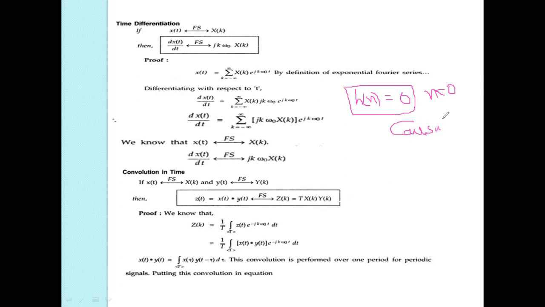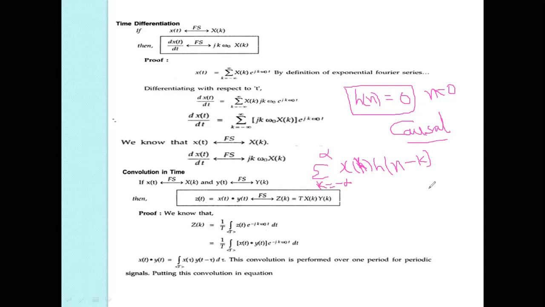Take the sum of k equal to minus infinity to infinity of x of k, h of n minus k.